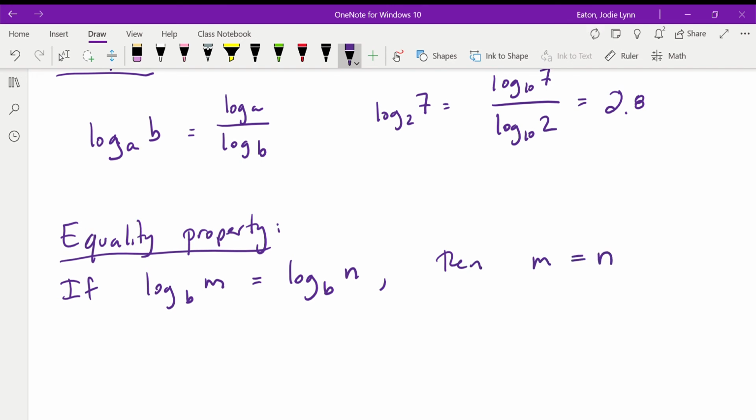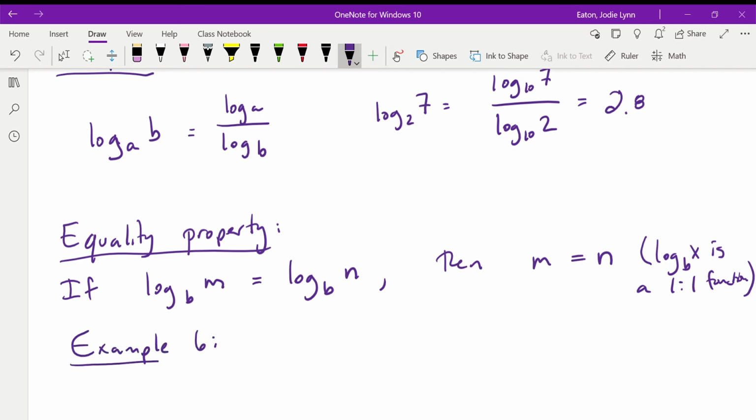And this really is an example that log base b of x is a one-to-one function. So if you have a log of one thing equal to a log of another thing, the things are equal. So how would that help me?